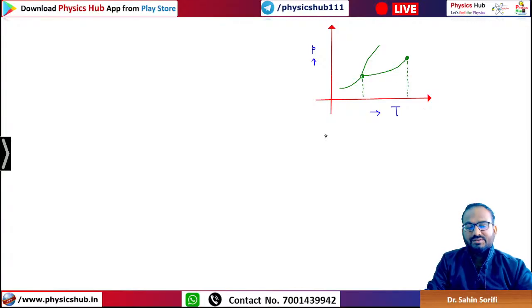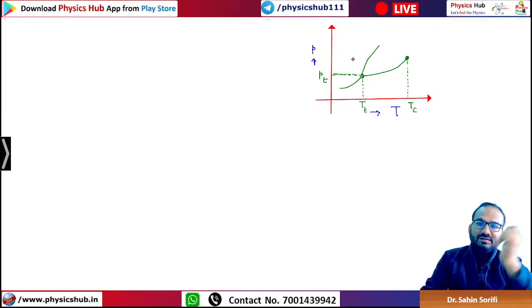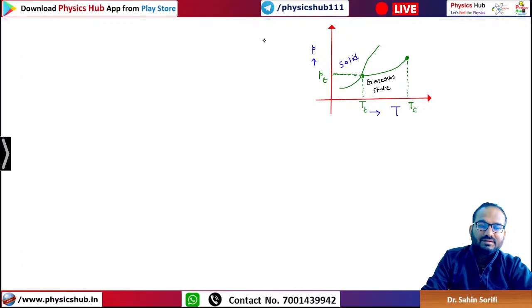Mainly the temperature is important. So we can denote the triple point temperature as T_tp and the critical point temperature as T_c. And the pressure corresponding to the triple point, we can call it P_tp. So this region, as I told you, is your solid, the portion below is the gaseous or vapor state, and this region is the liquid state.